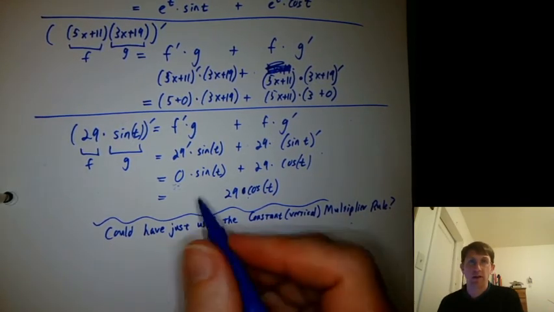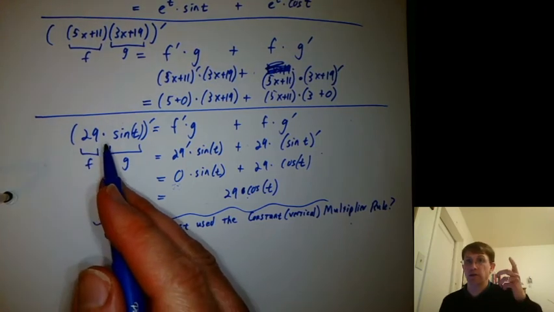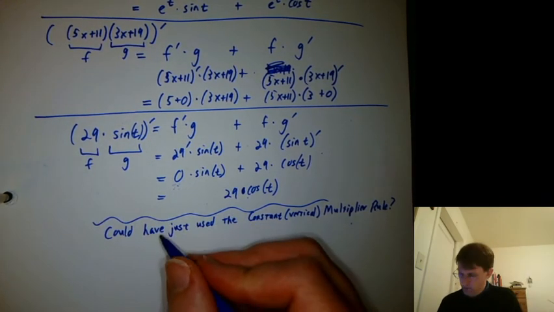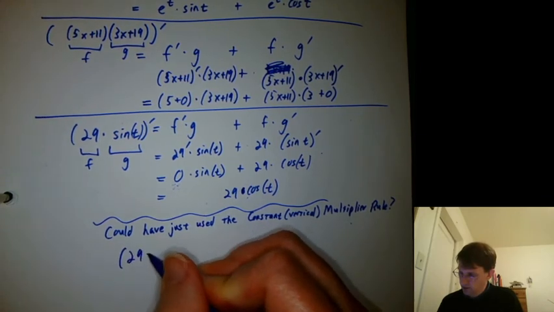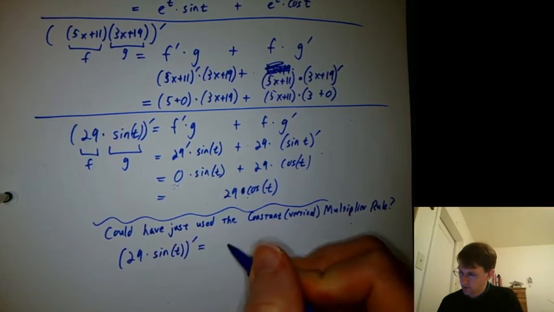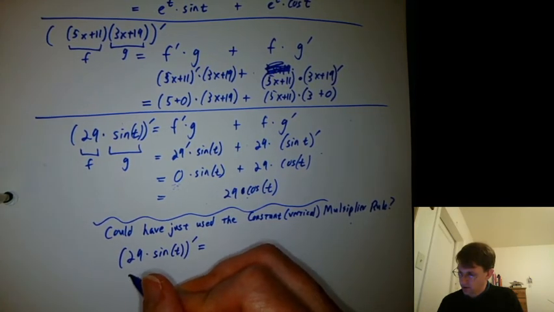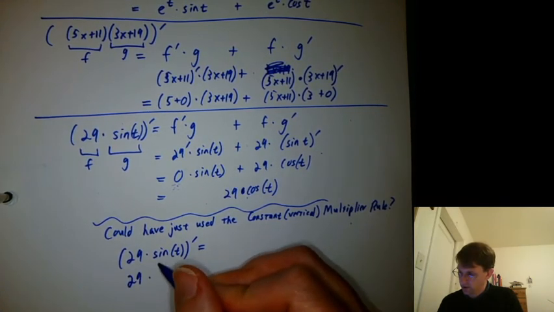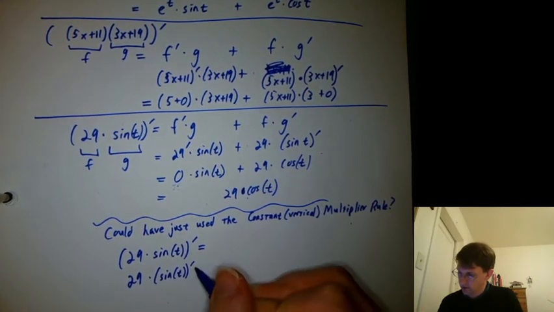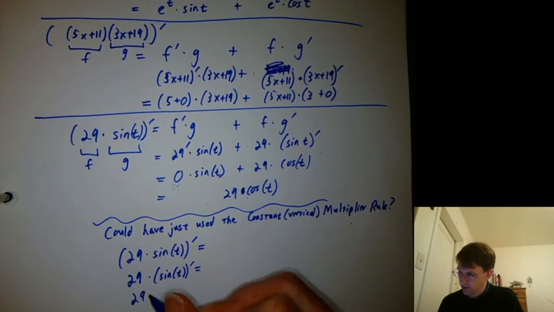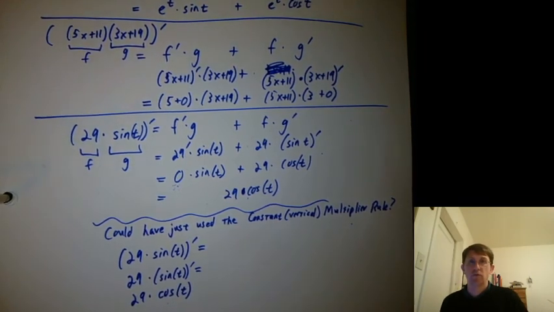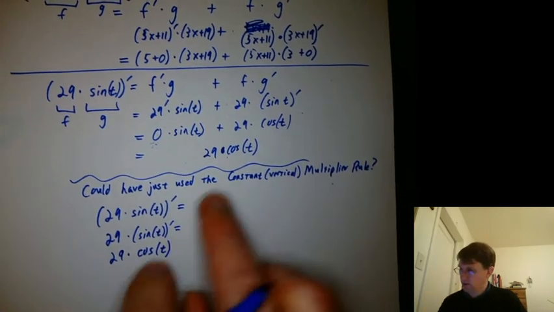What would that have given us? Because 29 is an amplitude. It's changing the vertical stretch of the sine. So there we would say 29 times sine t prime is just, well, you copy the 29 and take the derivative of sine t, and you get 29 times cosine t. So we got the same answer.